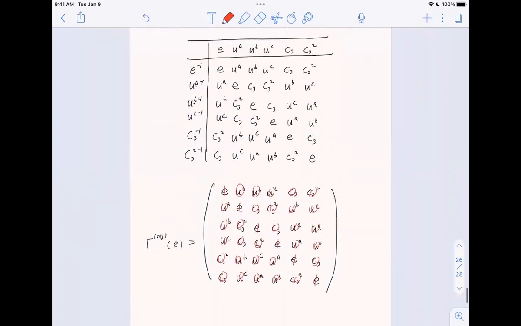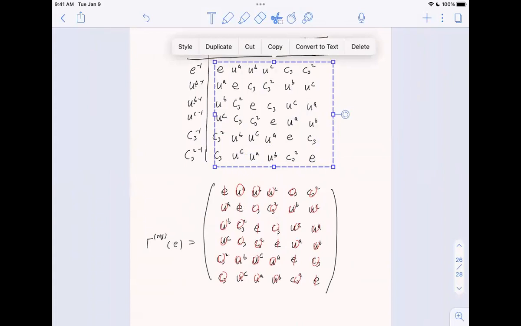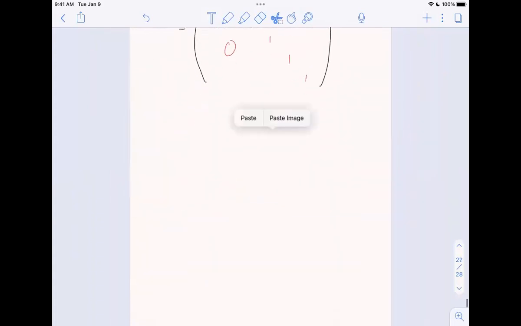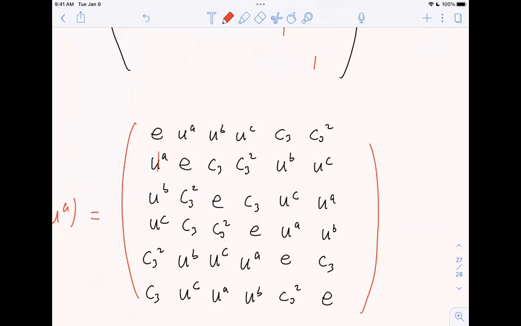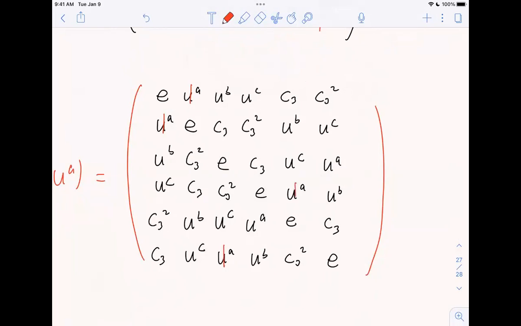Let's get another matrix. We'll do a few examples, and you immediately get it. So now let's get UA. If you're going to get UA, then all you need to do is make the UA 1. This UA is 1, 1, 1, and then all the others are 0.